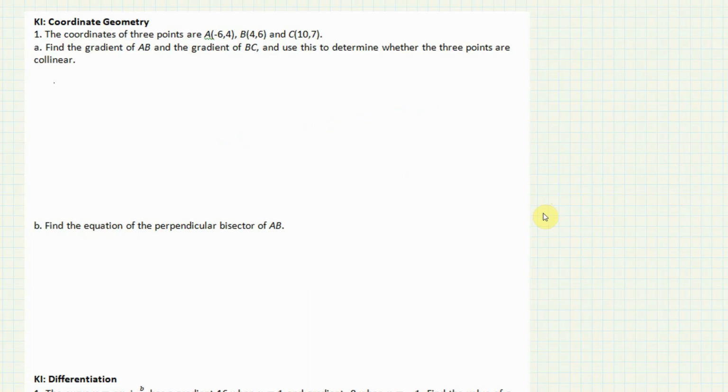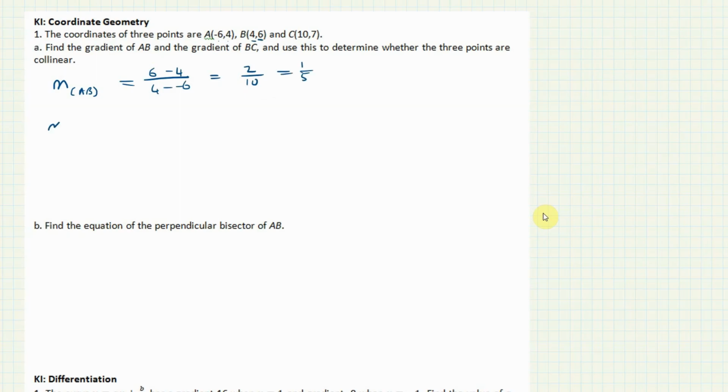Okay, now let's have a look. The gradient of AB is equal to, now we take 6 minus 4, that's the change in y, over the change in x, 4 minus 6, which is equal to 10 over, goodness gracious me, Mr. K, 2, 10 over 10, or 1/5.